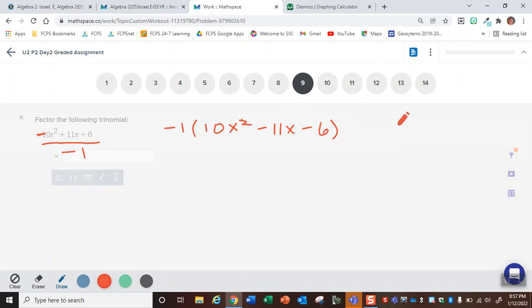And now this is just a regular X-man trinomial. So that would be negative 60, and negative 11.